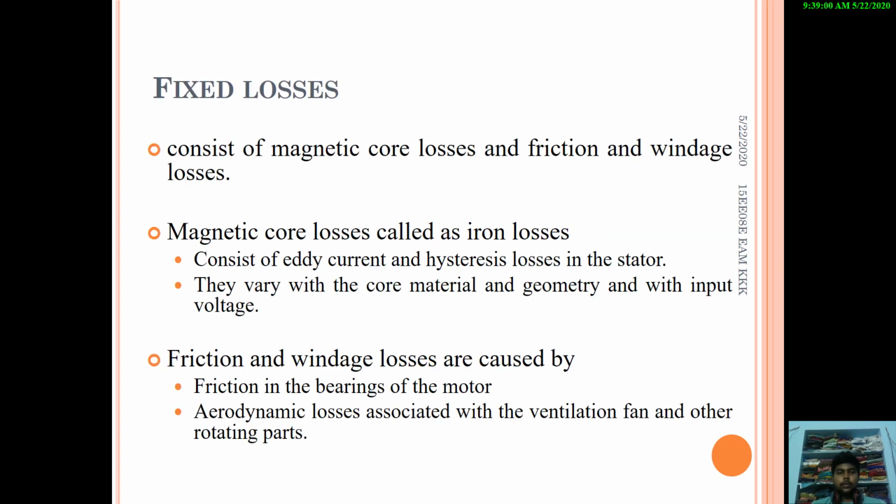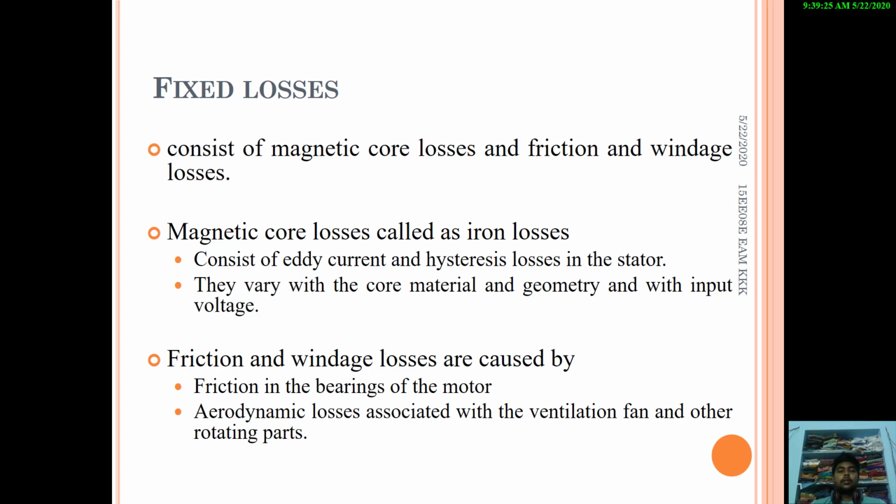Fixed losses consist of magnetic core loss and friction and windage losses. Let us see what they are. Magnetic core losses are called iron loss, that is, losses due to the iron or core material present in the motor. They consist of eddy current and hysteresis losses in the stator.